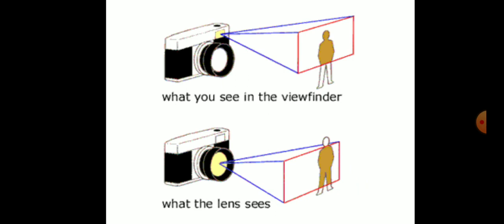If you want to focus on something, you will be finding slight changes in that. So whatever you want to capture and what the lens is capturing, a little bit of difference is occurring over here. So this error is called a parallax error.